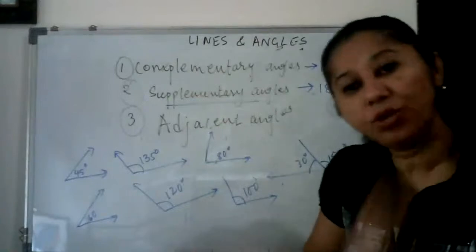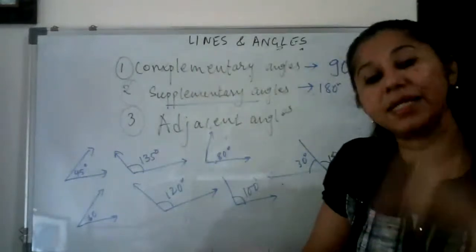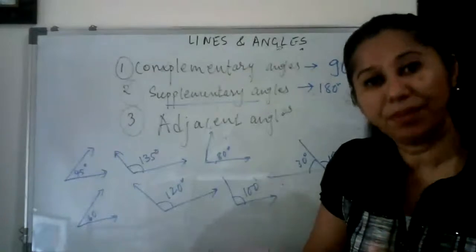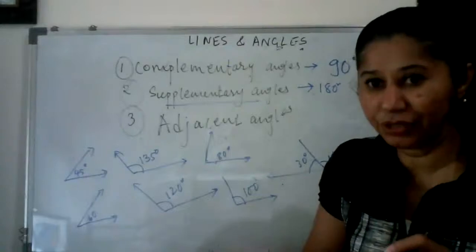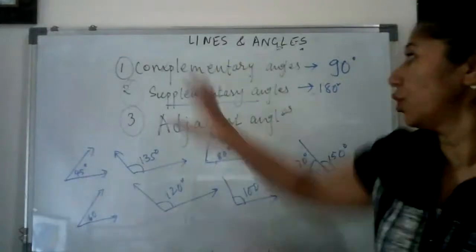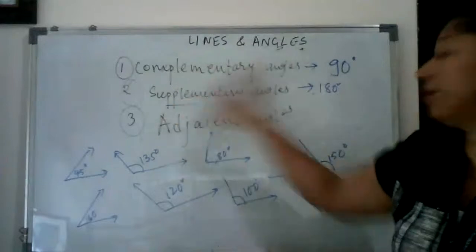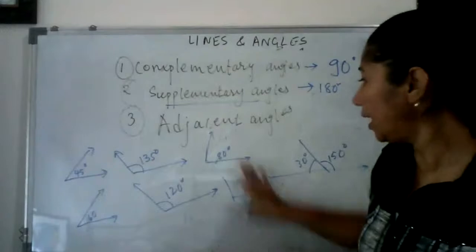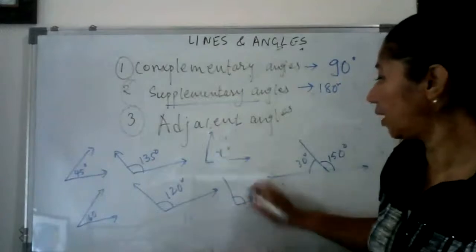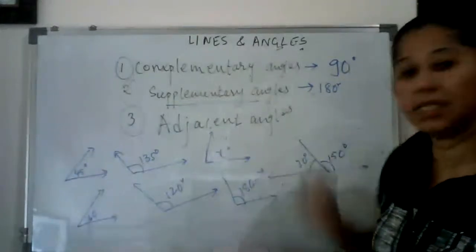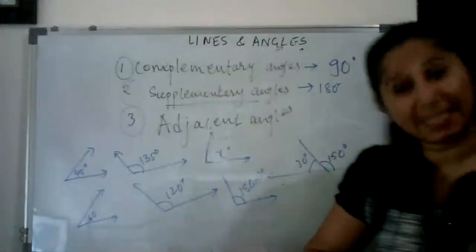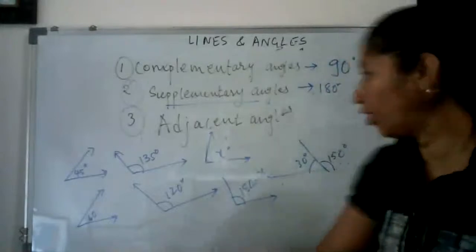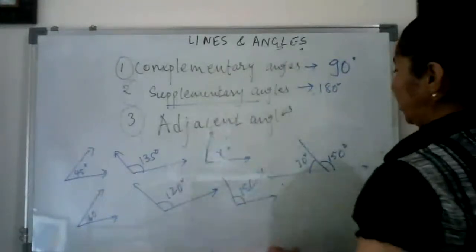Two angles when the sum of the two angles is 180 degree, two angles are said to be supplementary angles. Is that clear to you? Clear है सबको? Complement 90, supplement 180. Same with the same logic. Suppose ये angle x का है तो ये कितना होगा आपका 180 minus x. और इसमें भी कोई ऐसा एंगल है जो अपने सप्लीमेंट से इक्वल होता है? Just think on that. And I'm moving on to adjacent.